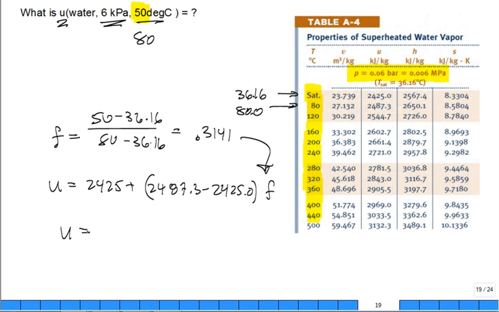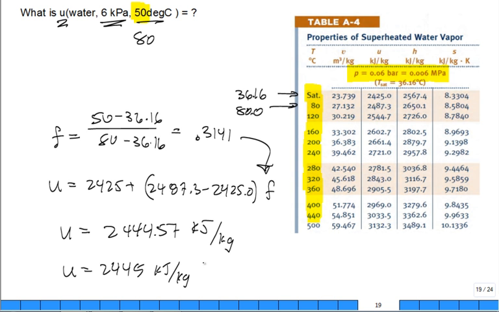The answer comes in right around 2444.57 kilojoules per kilogram. If you need that for subsequent calculations, keep all of those digits. If it's the final answer, round it off to 4 digits: u equals 2445 kilojoules per kilogram. Call it quits. You'll never lose any points rounding off to 4 digits, especially on data like this.